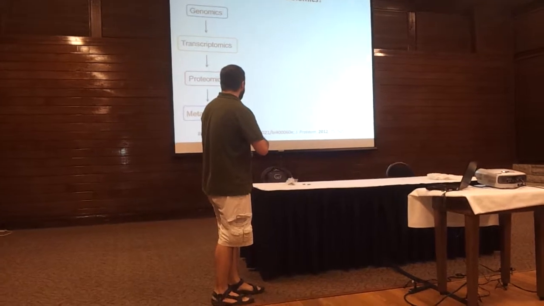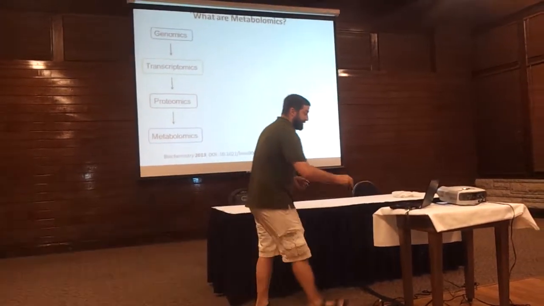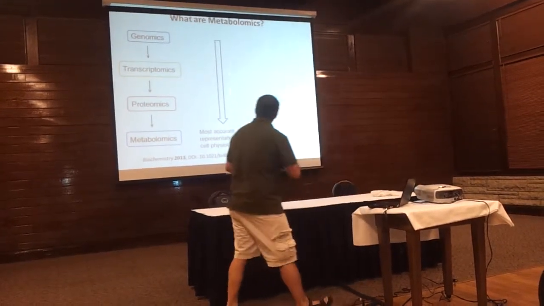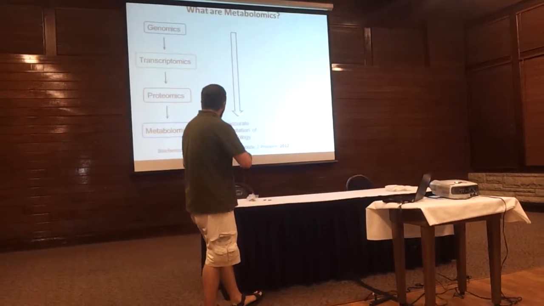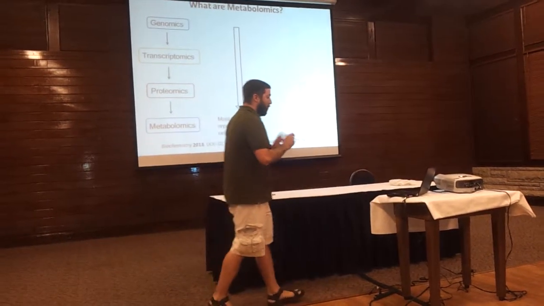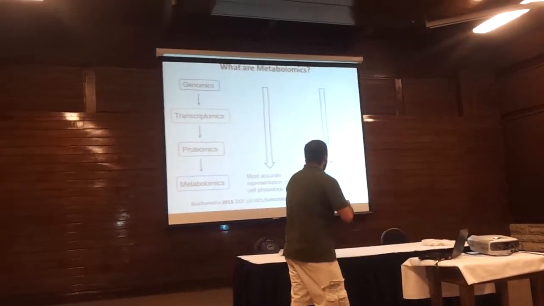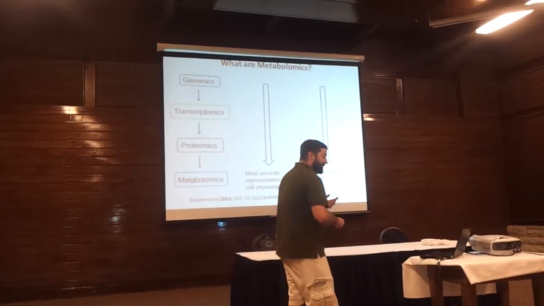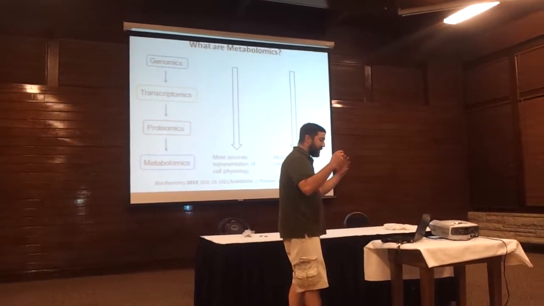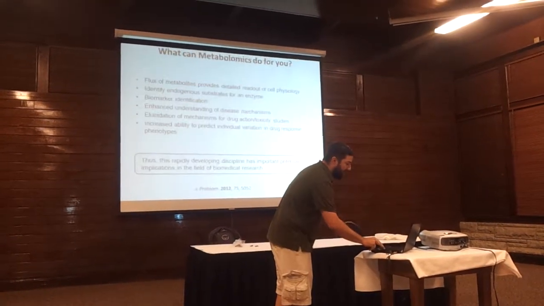So the chemical reactions that are being catalyzed involve all of these metabolites. And as you move down this way, you're getting a more and more accurate picture of what the cell's physiological state is. But along with this, you're also getting much more chemically complex. So it's more difficult to study the whole picture when you're looking at metabolomes.